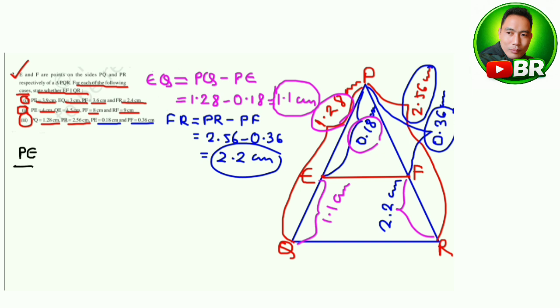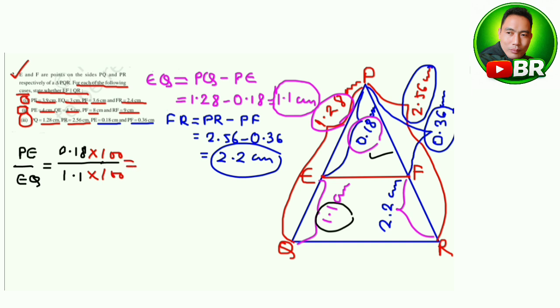PE by EQ. PE equal to we have 0.18 by EQ equal to we have just obtained 1.1, and here to remove the decimal point we can multiply both numerator and denominator by 100.